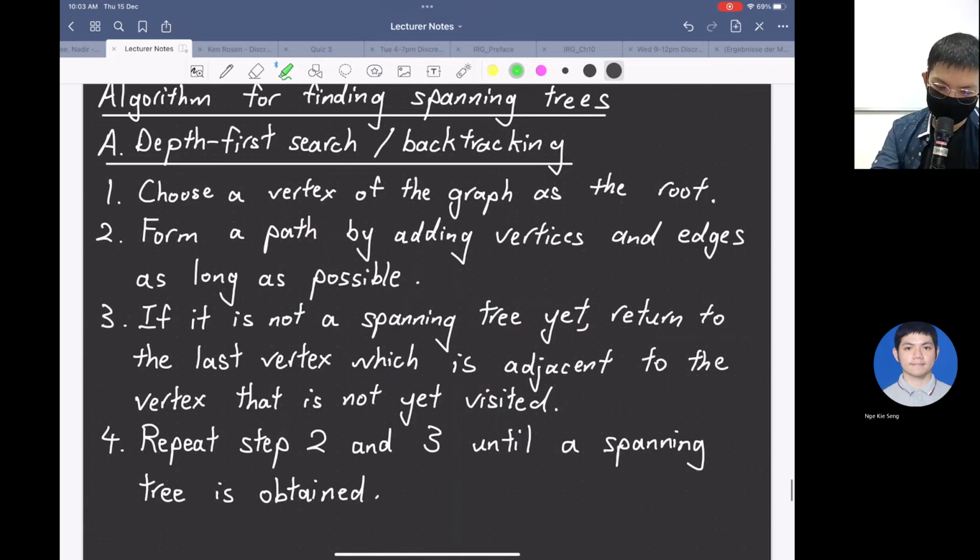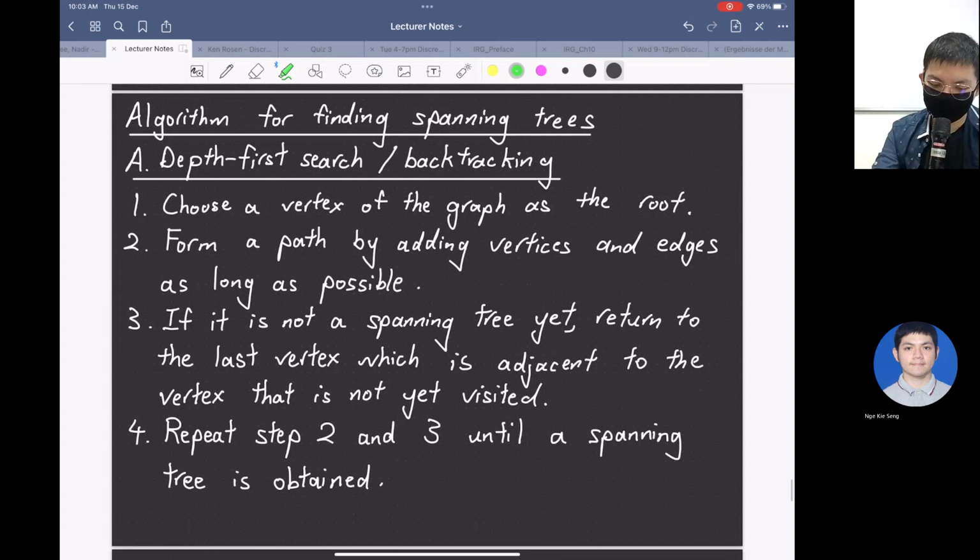There is an algorithm to find spanning trees. There are two algorithms. One is called depth first search. You will see later why it is called that. First, start with any vertex and choose it as your root.